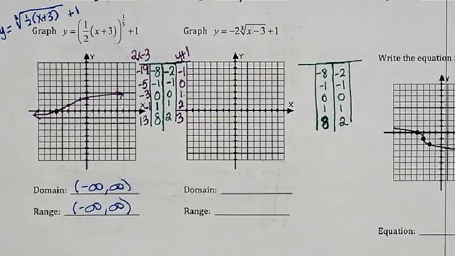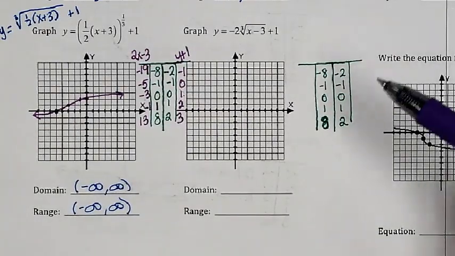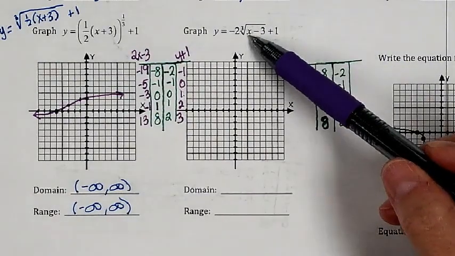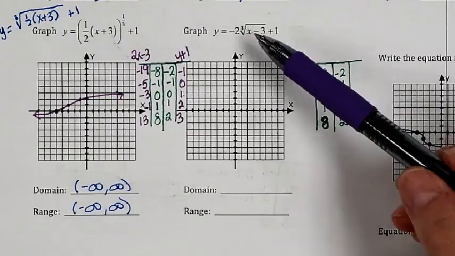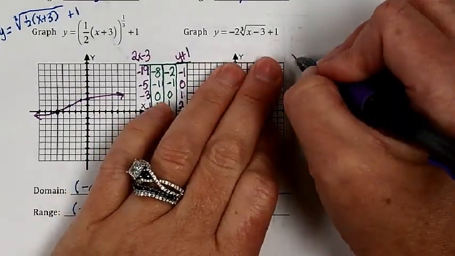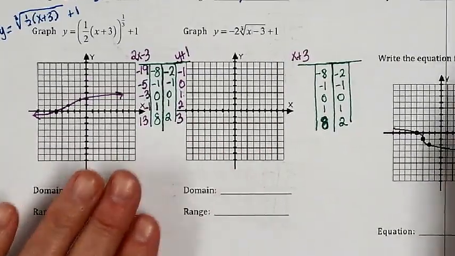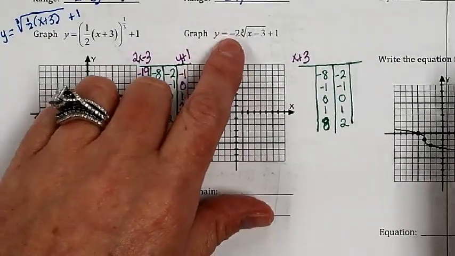Now if I look here, inside with the x minus 3, nothing to factor out, so this would just be x plus 3. And for the y, everything on the outside, so I have a negative 2 times y, and then plus 1.